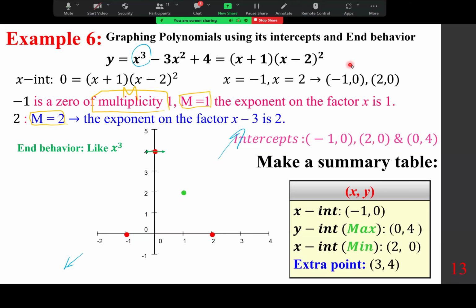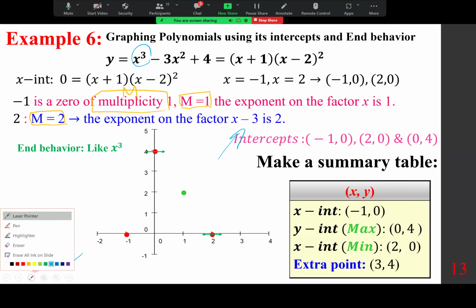Now, here's what's interesting. I'm going to put an arrow here. This is what we use in calculus. Remember, we said the multiplicity is 2 for 2, 0. That means when it hits it, it can't cross it. So even if you don't have this point, you don't know what happens here.